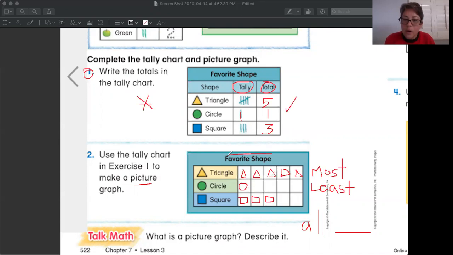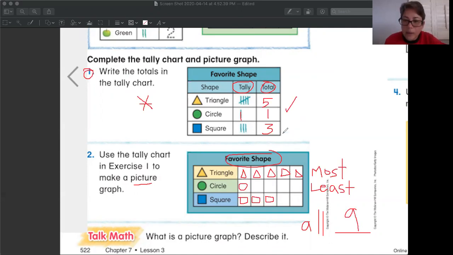Let's do the easiest one. Pictures are easy. So I'm going to count all the pictures. 1, 2, 3, 4, 5, 6, 7, 8, 9. So in all, we asked 9 kids about their favorite shape.